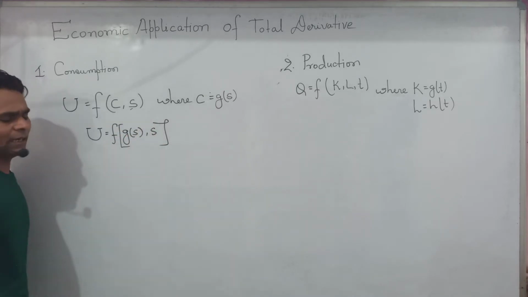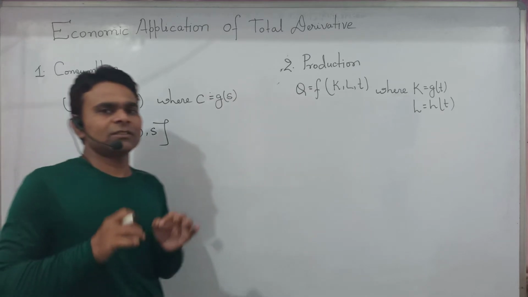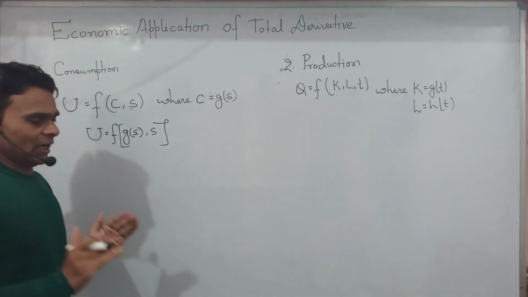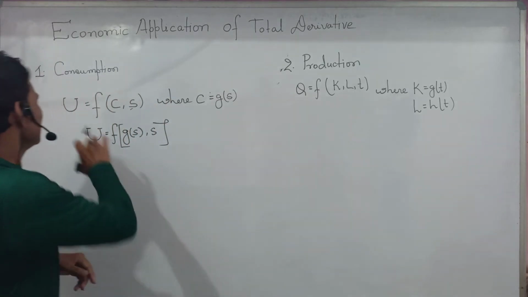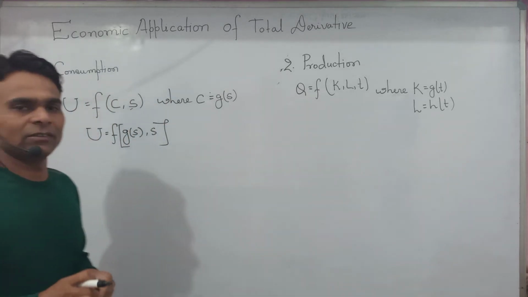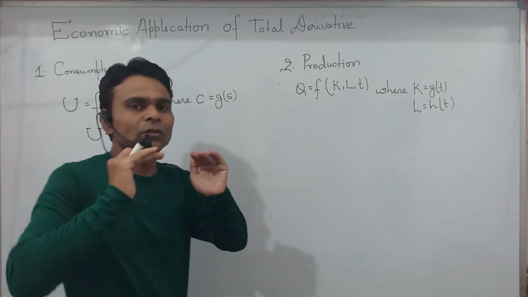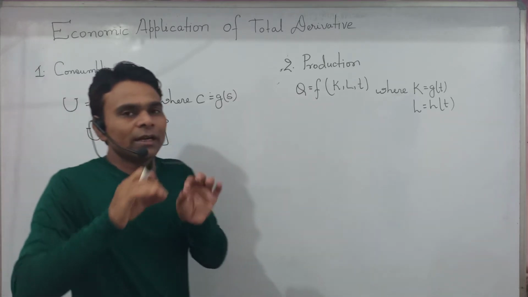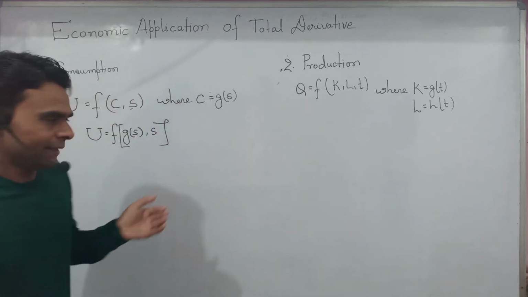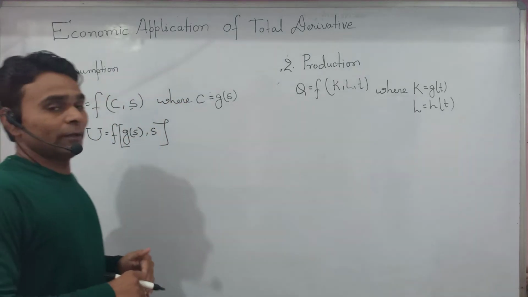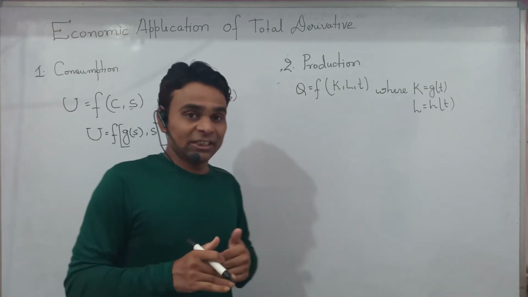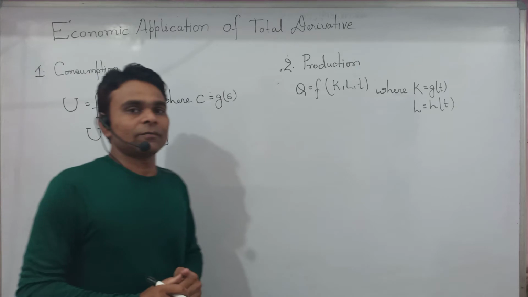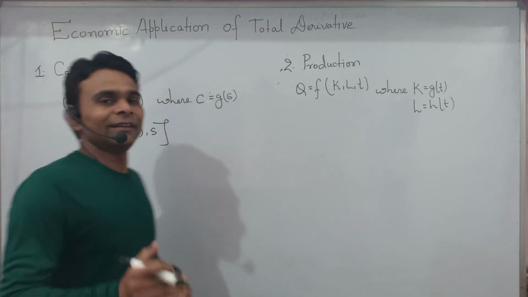You can see here the ultimate source of change is the variable s, and we are interested in measuring the rate of change in the utility function due to change in the amount of sugar consumed, where sugar and coffee are complementary goods. What kind of impact can you see on the utility function? For this purpose we need to apply total derivative.